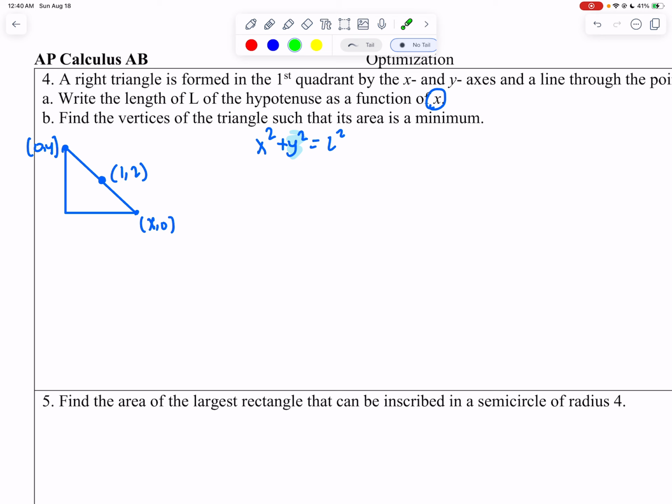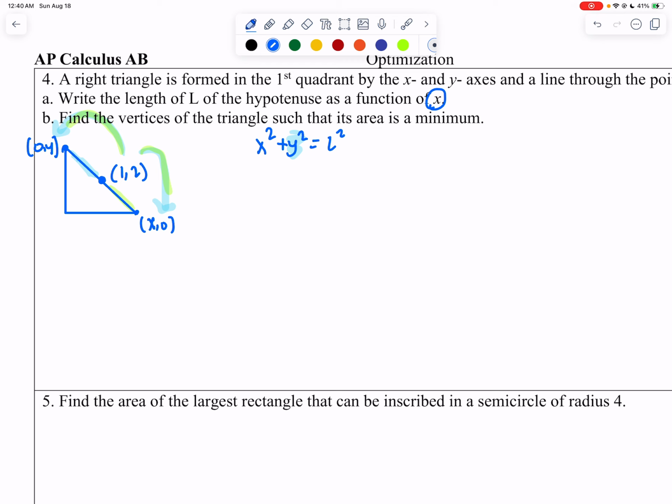Now, in order to find the equation of this line, I kind of have two things. I have (1, 2), and this could be used with (0, y), and this could also be used with (x, 0). What I'm going to do here is think about how I can find the slope of this portion and how I can find the slope of this portion by using this and this here.